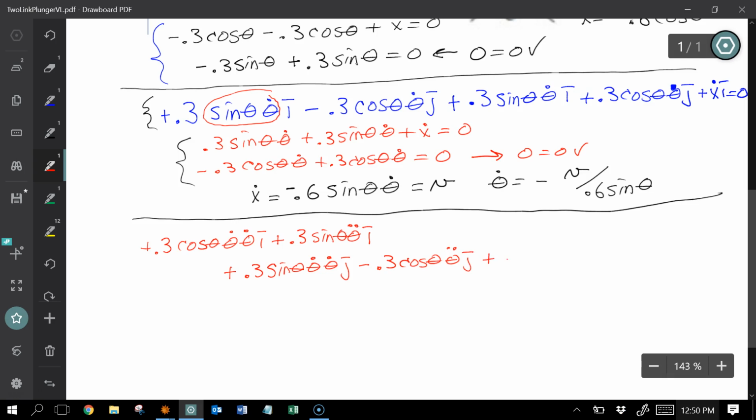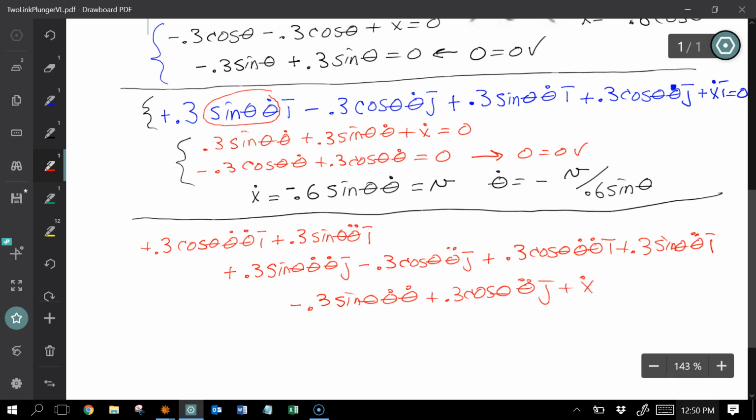plus 0.3 cosine theta, chain rule, theta dot I, plus 0.3 sine theta, theta double dot I. Keep going, minus 0.3 sine theta, chain rule, plus 0.3 cosine theta double dot j, plus x double dot I equals 0.